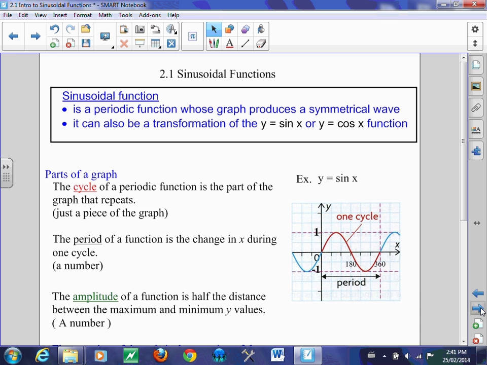Let's keep moving on here. So, by definition, ladies and gentlemen, a sinusoidal function is a periodic function. That means it repeats itself, whose graph produces a symmetrical wave. And it can be a transformation of the 2 base functions, which are y equals sine x or y equals cos x. These are both what we call base or parent functions.